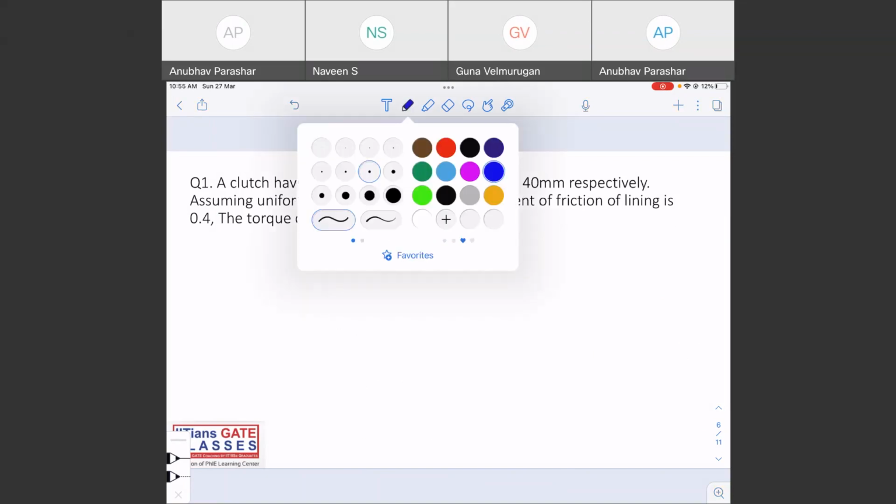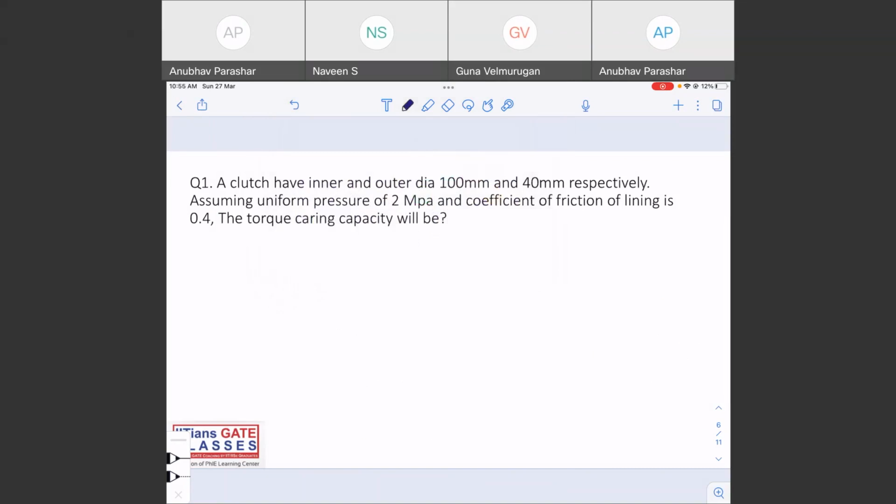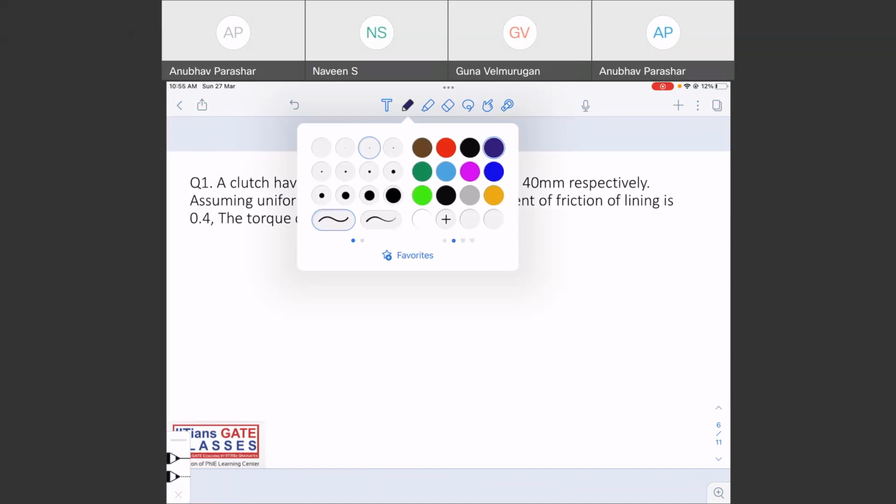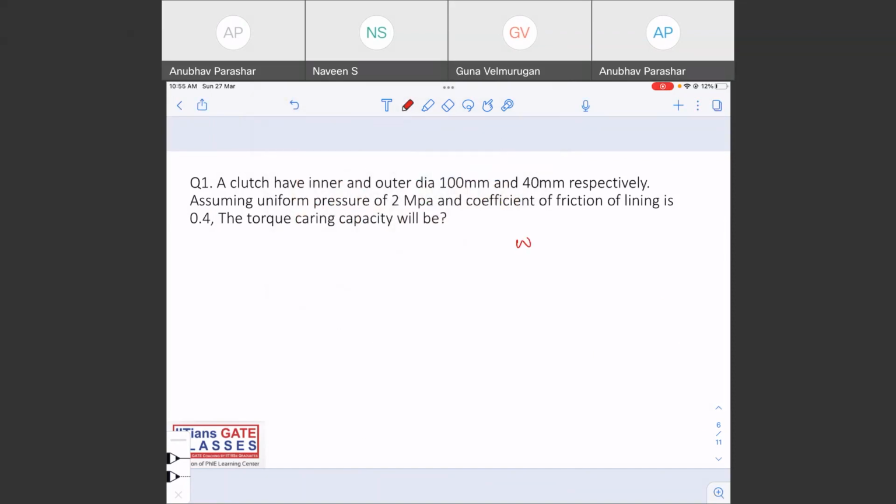I'll at least give you the basic formulas so that you don't have to refer to the previous slide. What is W? W is the total force, pressure multiplied by area, that is P into pi (R2 square minus R1 square). What is the value of the mean radius or friction radius? 2 by 3 (R2 cube minus R1 cube) over (R2 square minus R1 square).